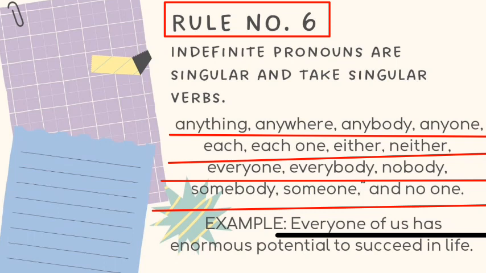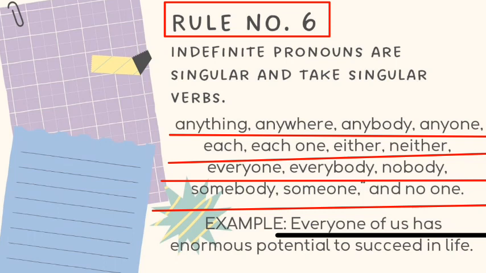Yeah, it could be. So everyone has enormous. He is asking regarding the grammar, the use of "of". So it could be either way. Everyone has enormous potential to succeed in life.